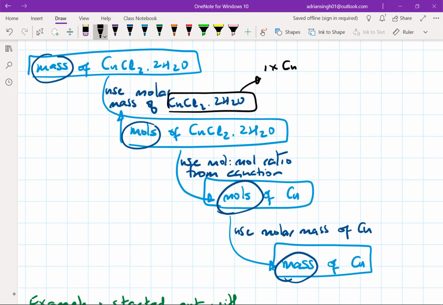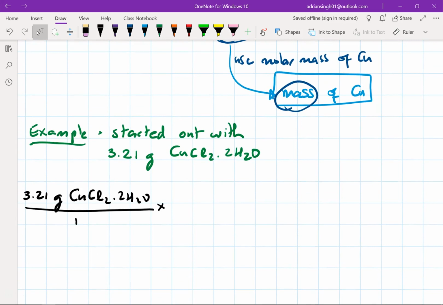We have 1 copper, 2 chlorines, 2 times 2, 4 H's, and 2 times 1, 2 oxygens. All right, and then that's going to give you whatever. I'm not going to do that for you. I think you can probably handle that on your own. So you multiply them, you add them all together, and that's going to give you your molar mass.